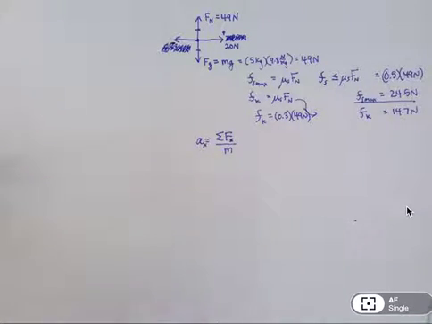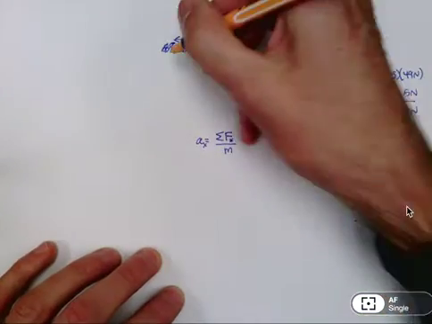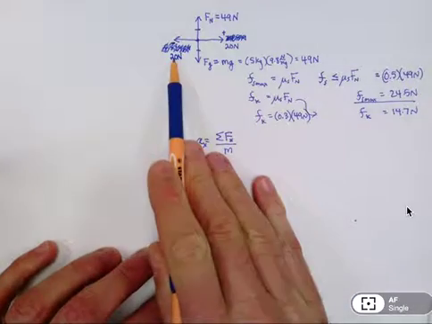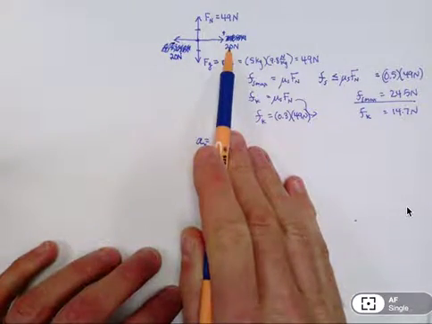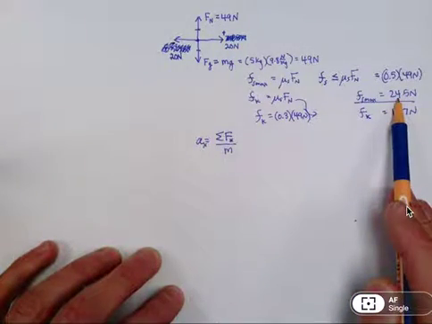So you need to ask yourself, is 20 newtons enough to get this thing moving? How much force does friction need to exert to prevent it from moving? Well, it has to balance it. So friction has to be able to exert 20 newtons in order to prevent this from moving. Can friction exert 20 newtons? Sure, it can go anything up to 24.5.